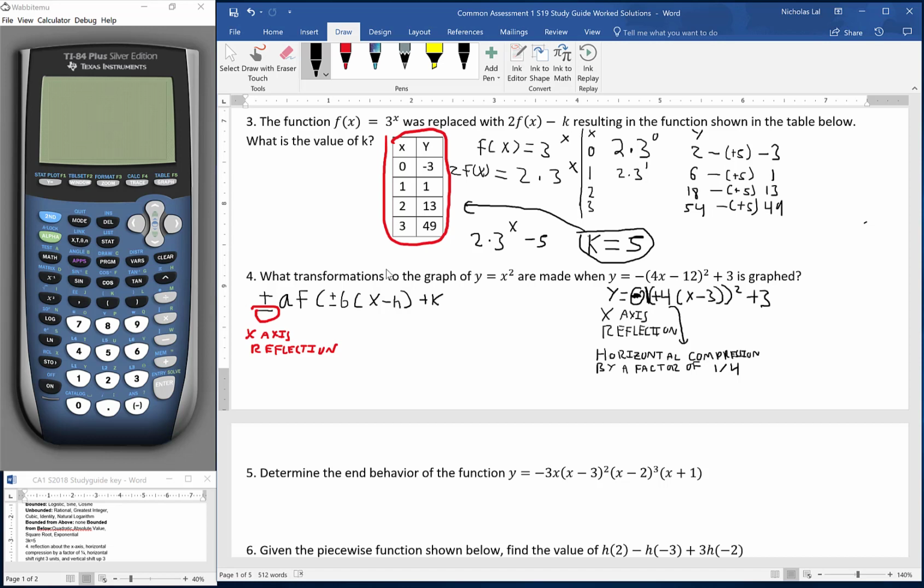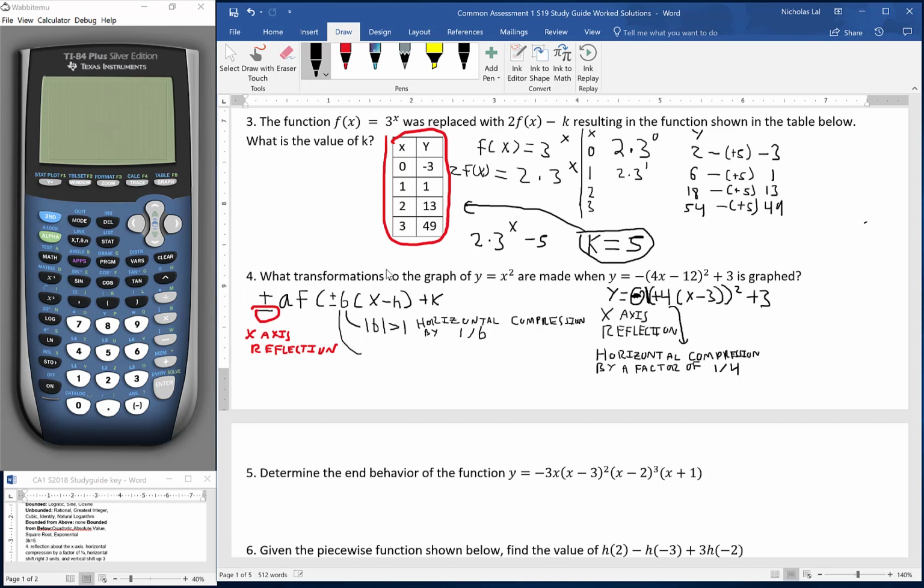So notice, for your b term, if the absolute value of b is greater than 1, you have a horizontal compression by 1/b.